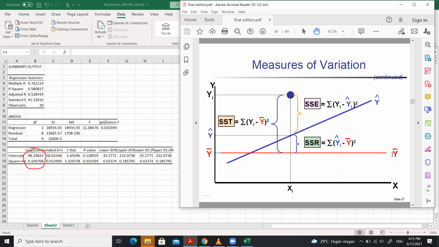Then we take a sample here, the blue dot, and you can easily identify the SST with respect to the error from the real data to the average of y. The SSE is the error between the observed data, the sample data, and the predictor.